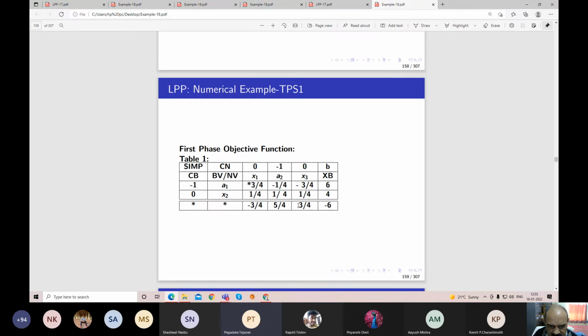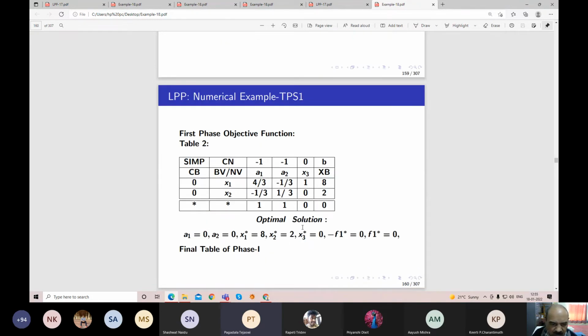So finally, this is the solution, the first phase solution. So what is the value of A1, A2 presently in this table? They are non-basic variables, 0. Yes or no? Yes, sir. 0. So once it is 0, the first phase is complete.